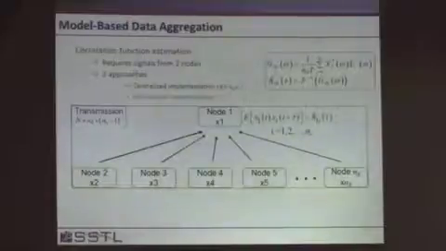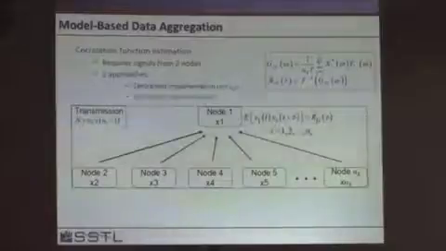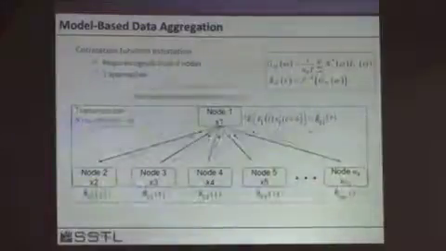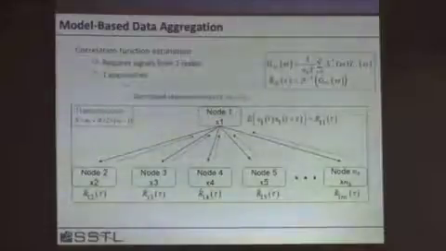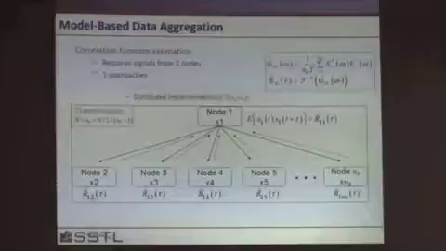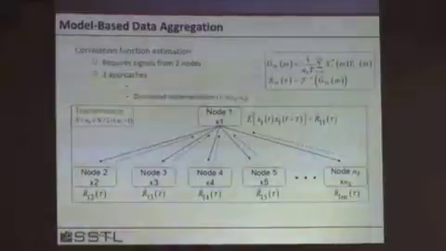So it means that all the data has to go to one place and you don't really get a lot in the way of economies of scale. So another approach would be instead to take node 1's data and send it out to all of the other nodes, and then you can calculate on each of the sensor nodes the cross-correlation functions or the cross-spectrum functions, and then once you have that, you can send that back to node number 1.